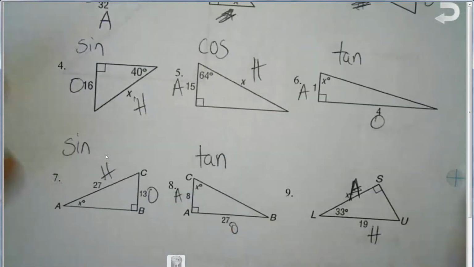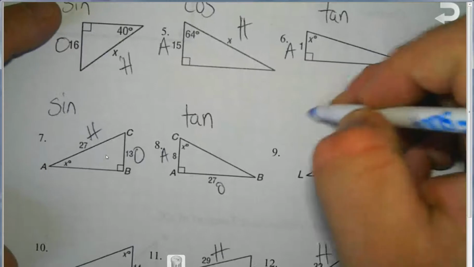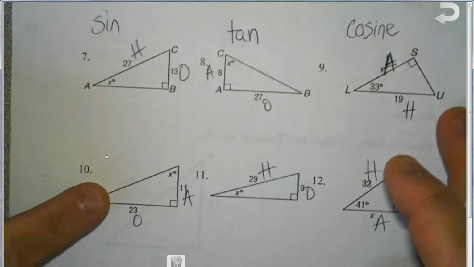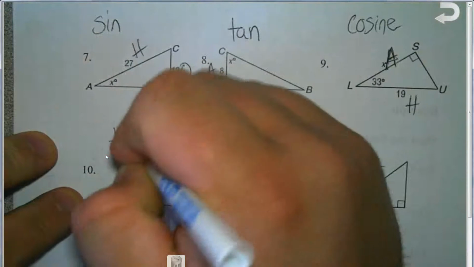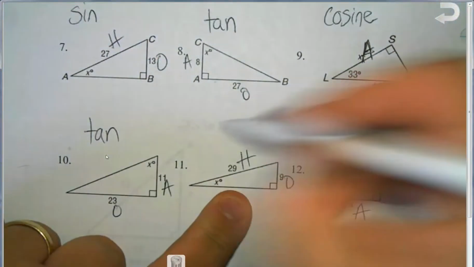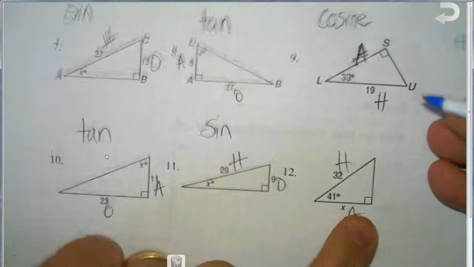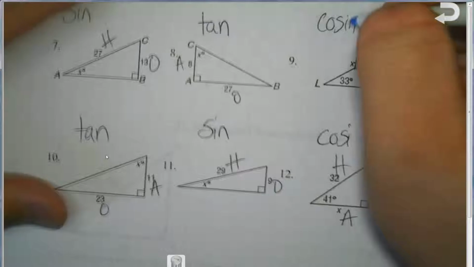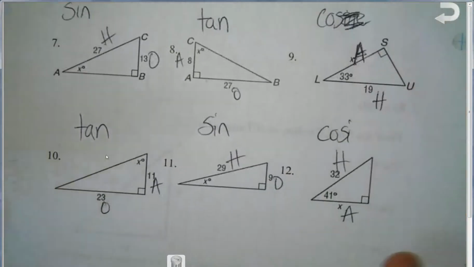Opposite and adjacent. Number 9. Cosine. Number 10. And number 11. And number 12. Cosine. And I wrote it out. Told you all to speak it out, and then I wrote it out.